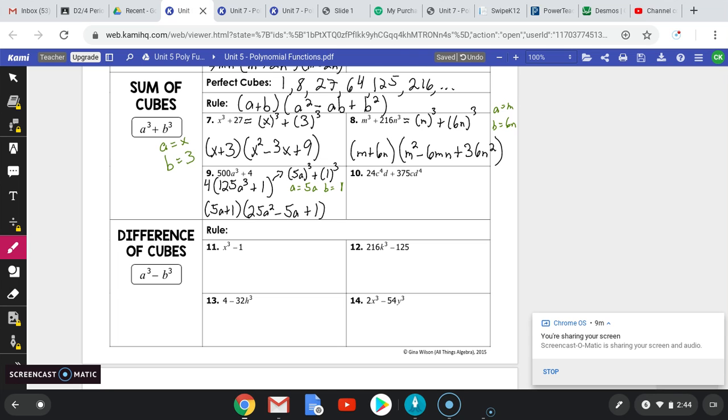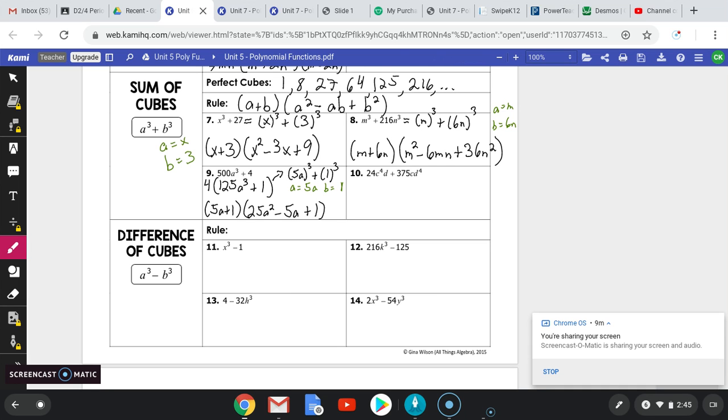Let's look at the last example here for the sum of cubes. So again, we want to see, is there a greatest common factor that can go evenly into both 375 and 224? And I'm just checking with my calculator here. No, not 2. Okay, so it's not 2, is it 3?